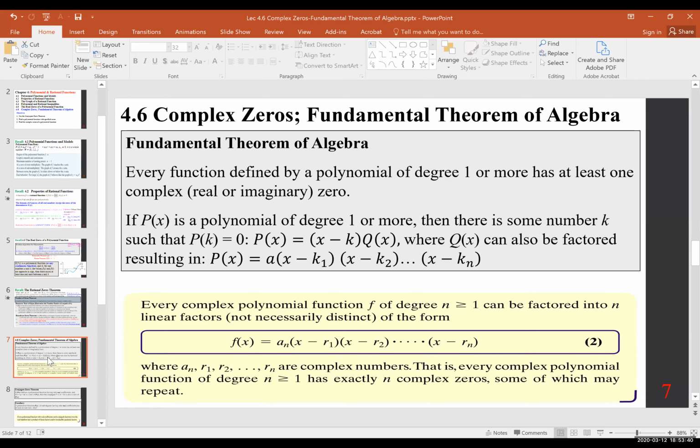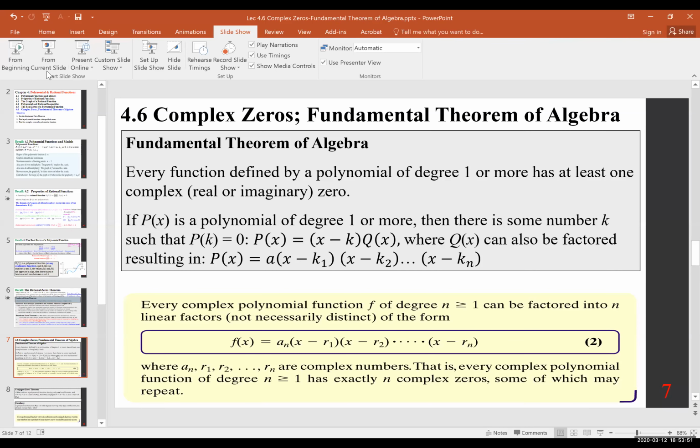All right, 4.6 complex zeros. And everybody remembers in general complex zeros. Okay, so let me just put it in slide mode, see if I can do the writing here.